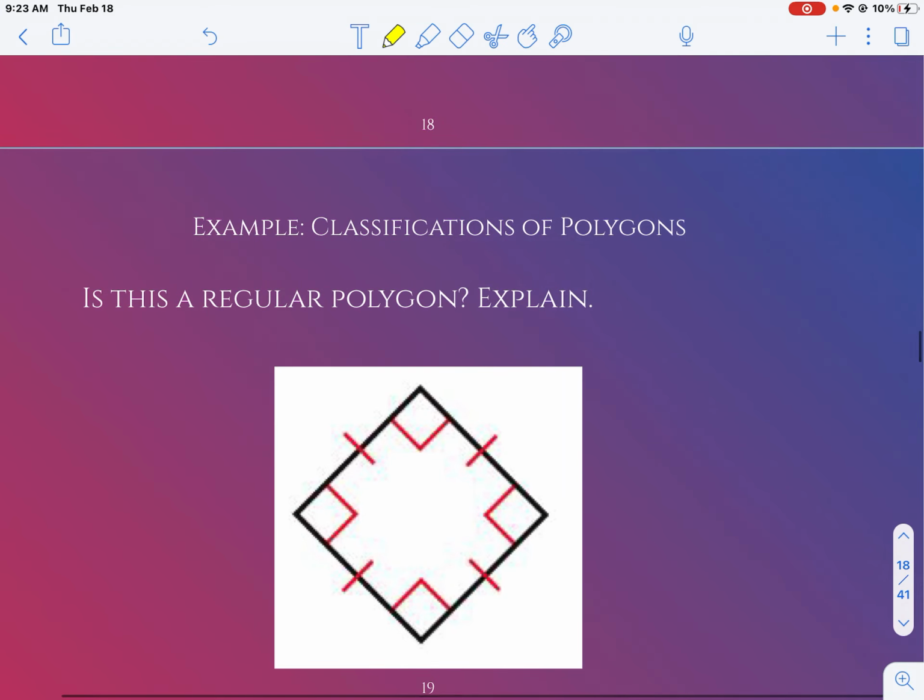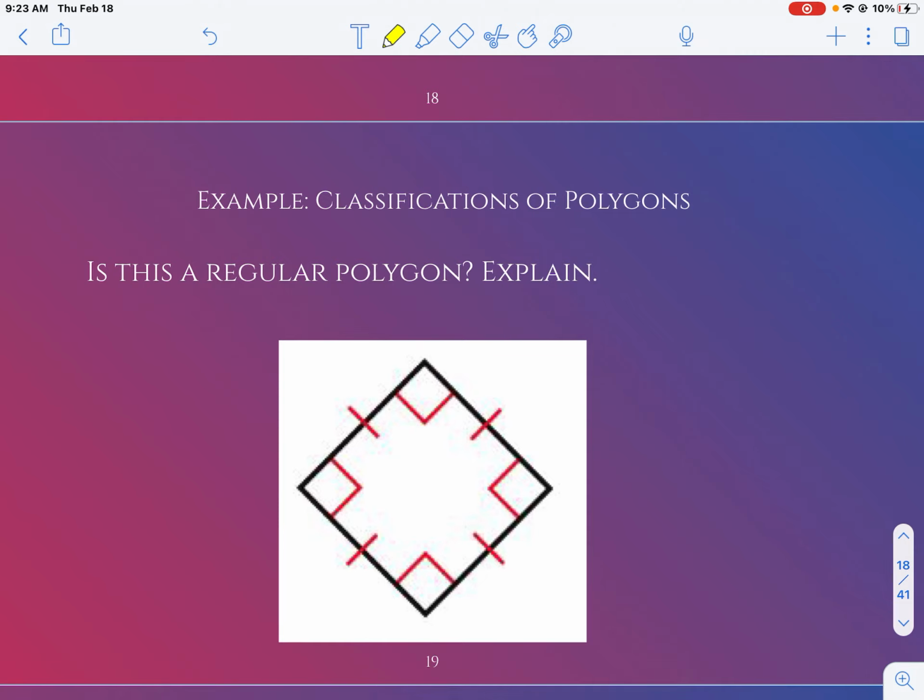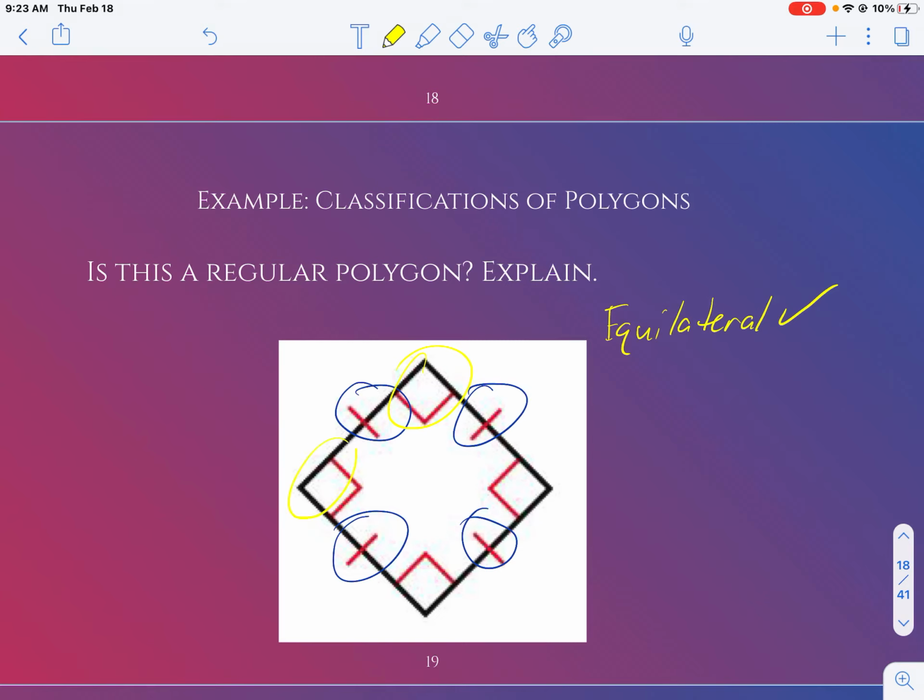So if we look at this example, is this a regular polygon? Well, let's take a look. All the sides are the same, so that's check number 1. It's equilateral. All the angles are the same.